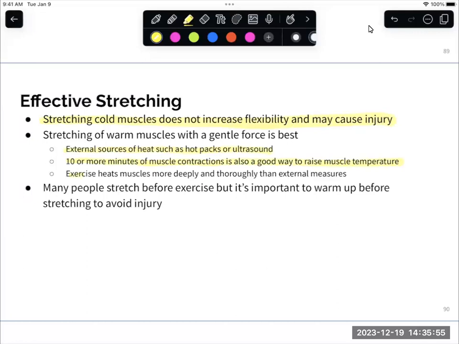Exercise generates heat, which will heat your muscles up for more effective stretching. Some people stretch before exercise, but it's more important to warm up before exercise and stretch after. You should stretch after you exercise.